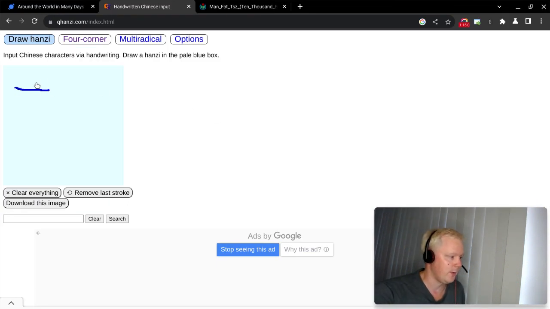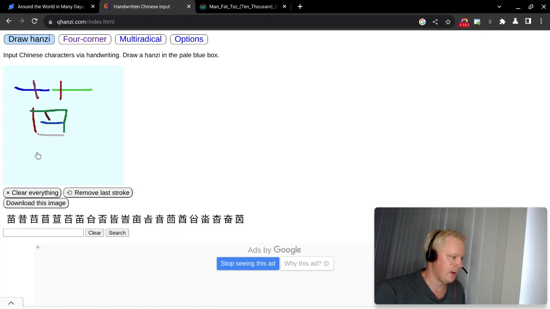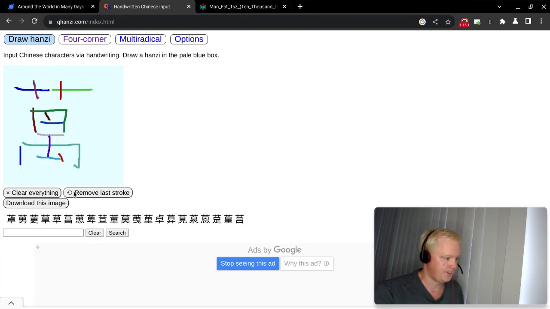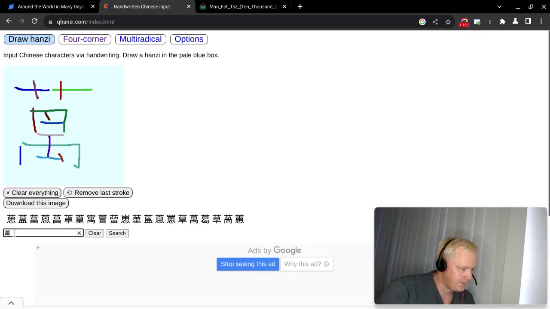So if we draw this character, we should be getting something like this, and then this and this. We should be finding one character which looks like what we had, and that's not this one. It's pretty close. Here we are. This is what we need.